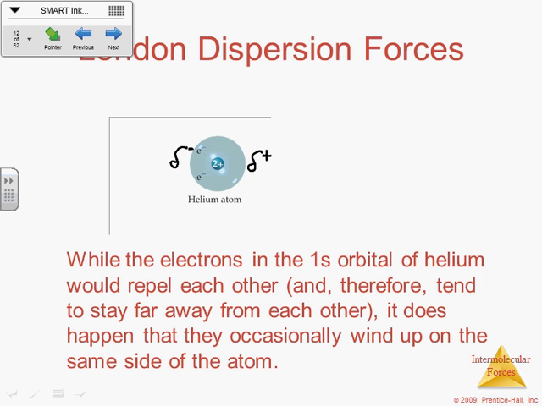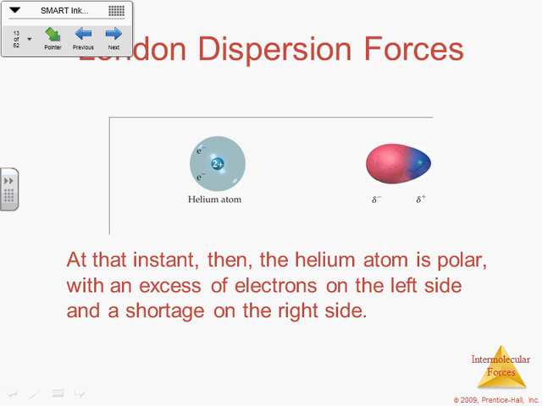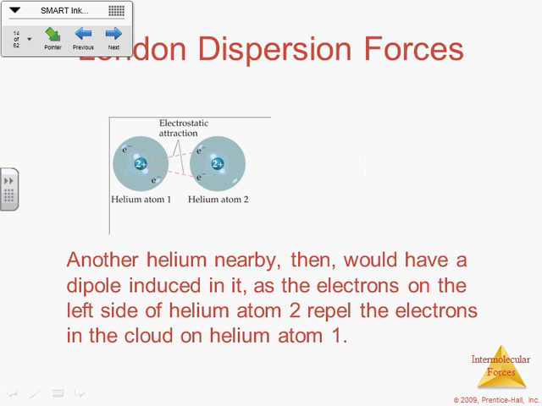So this is not a permanent dipole. This is just a momentary thing. At that instant, the helium atom is polar, just at that instant. Now if at that instant there is a helium atom that is polar, and it comes into contact with another helium atom, then the electrons here will repel these electrons, and they'll be attracted to the nucleus of this other helium atom.